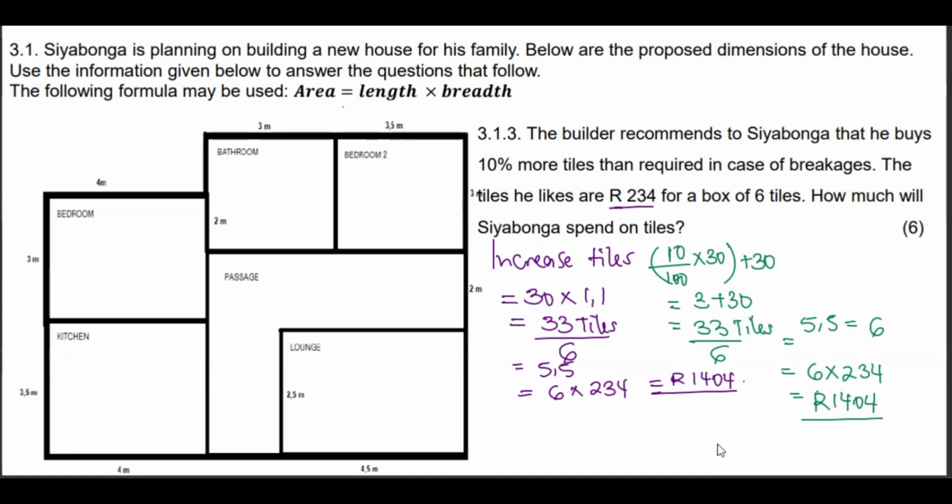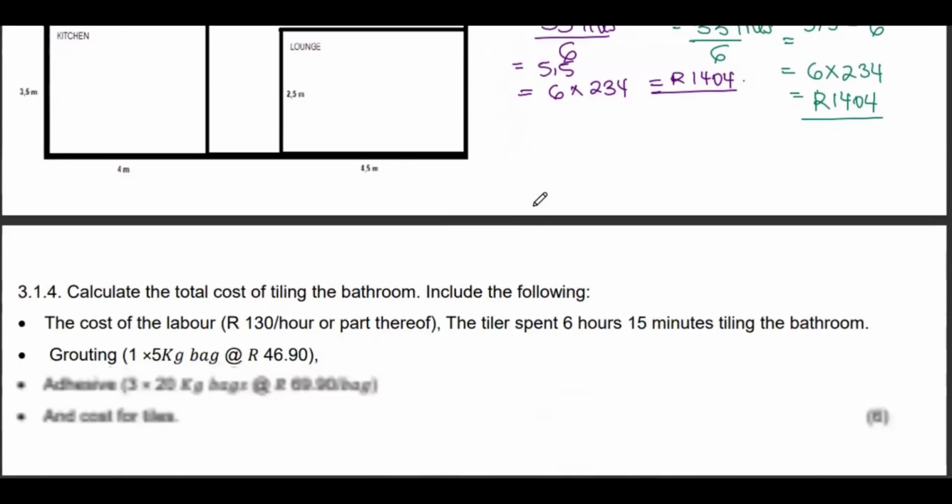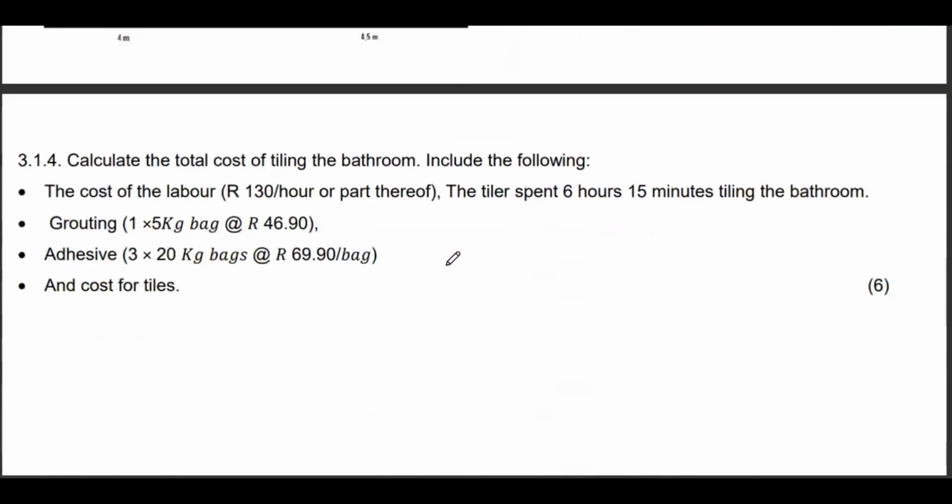All right. Question number 3.1.4. Calculate the total cost of tiling the bathroom, including the following. I want you to take note of this clearly. The cost of labor is 130 per hour or part thereof.